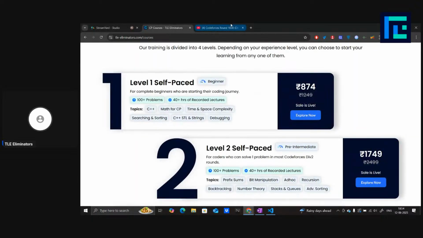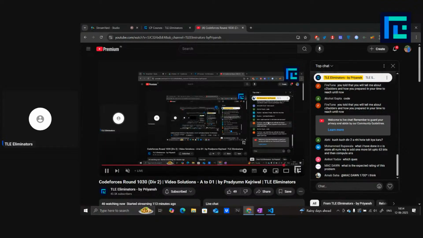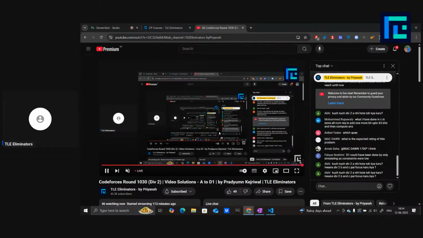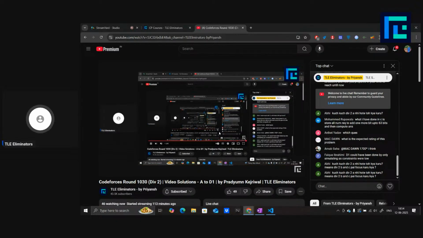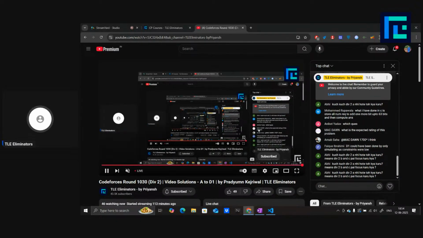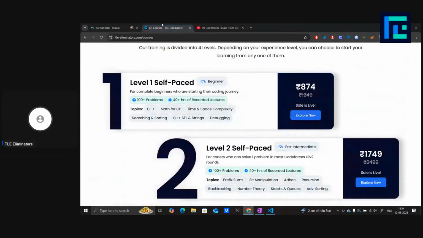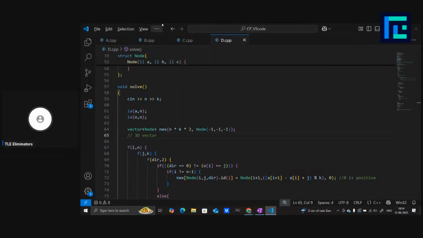So any doubts, anyone? If you have, you can ask. Okay, let's first take the doubts related to problem D. In this problem, does anyone have a doubt? In this problem only.